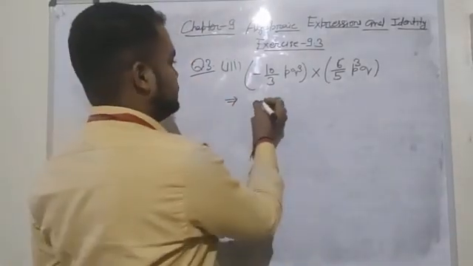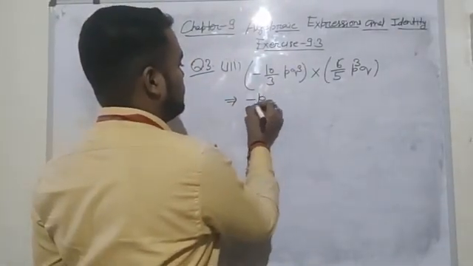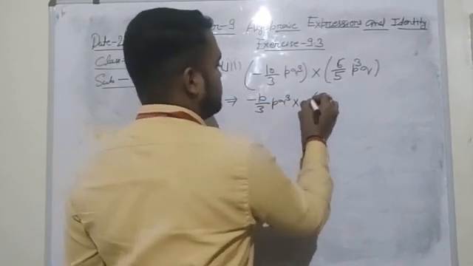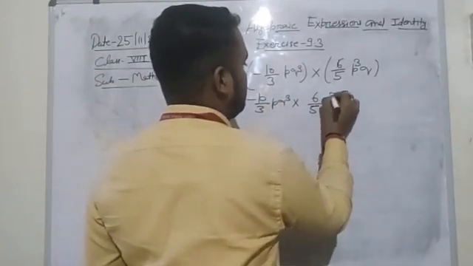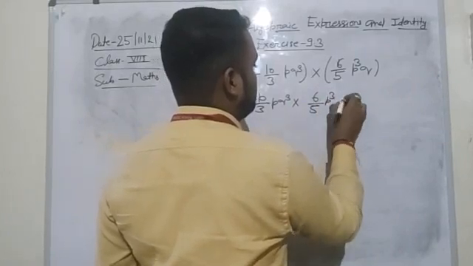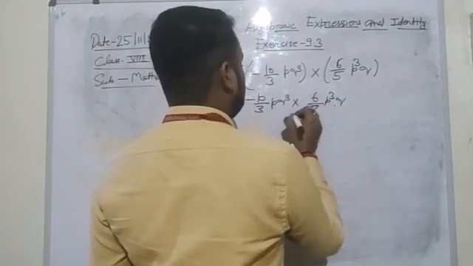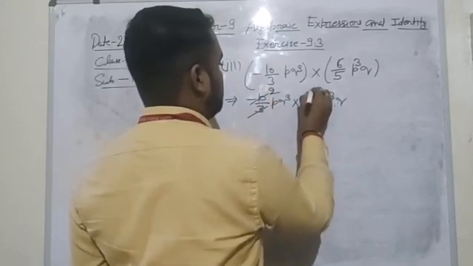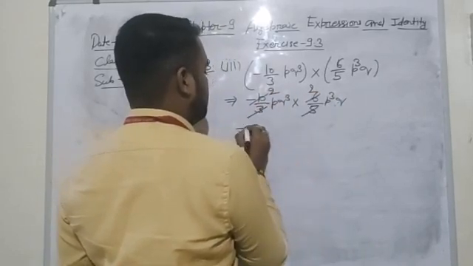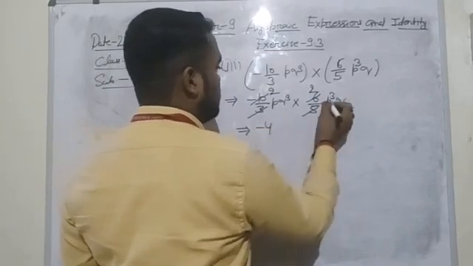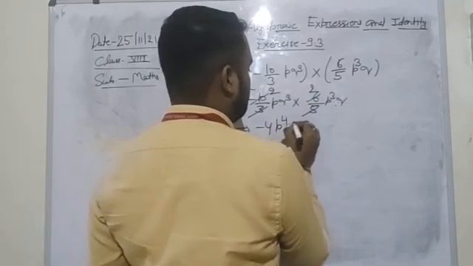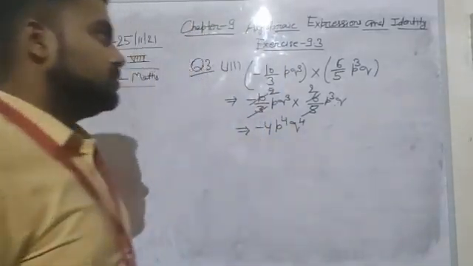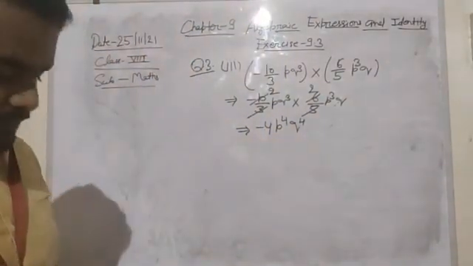Now here, 6/5 p³: 5 twos are 10, 3 twos are 6, so 2 twos are 4 with the minus sign, and p to the power 4 and q to the power 4. Minus 4p⁴q⁴ is the answer. So note it down.